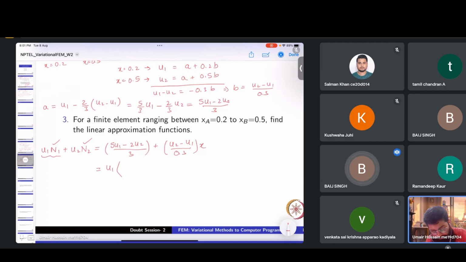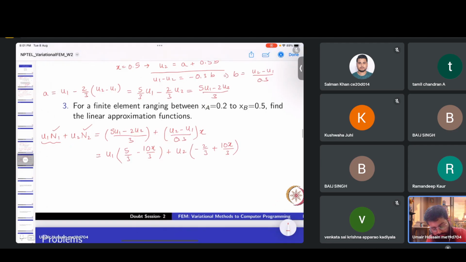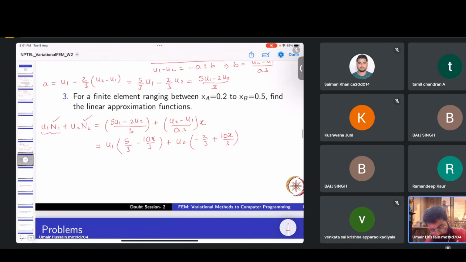We'll get 5 by 3 minus 10x by 3, and then for u2 also, we'll have minus 2 by 3 plus 10x by 3. So these are the two shape functions.